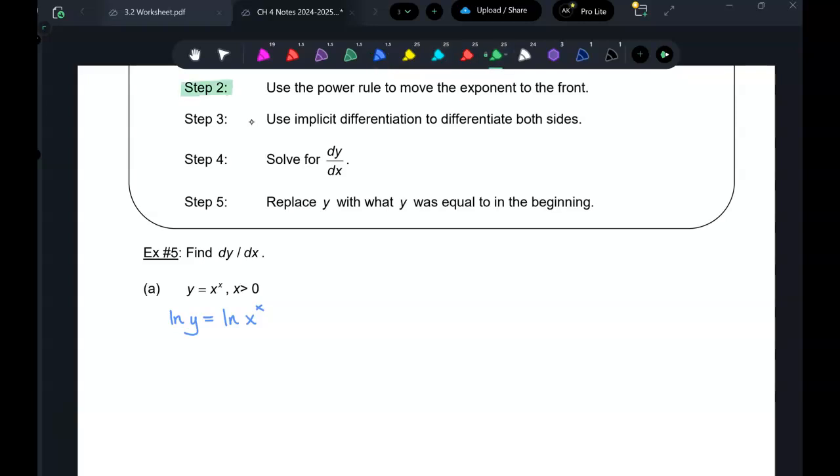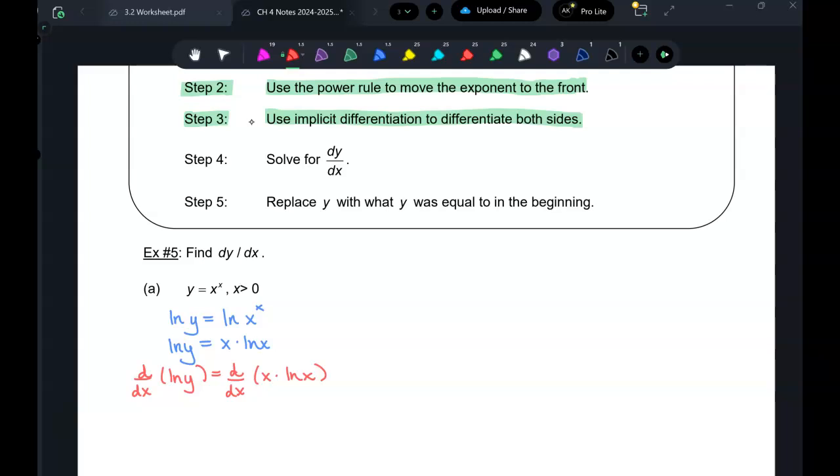Okay, step 2, we're going to use the power rule to move the exponent to the front. So we're going to leave the left side and move that x to the front. Okay, step 3, we're going to use implicit differentiation. So I want to take d dx of both sides.